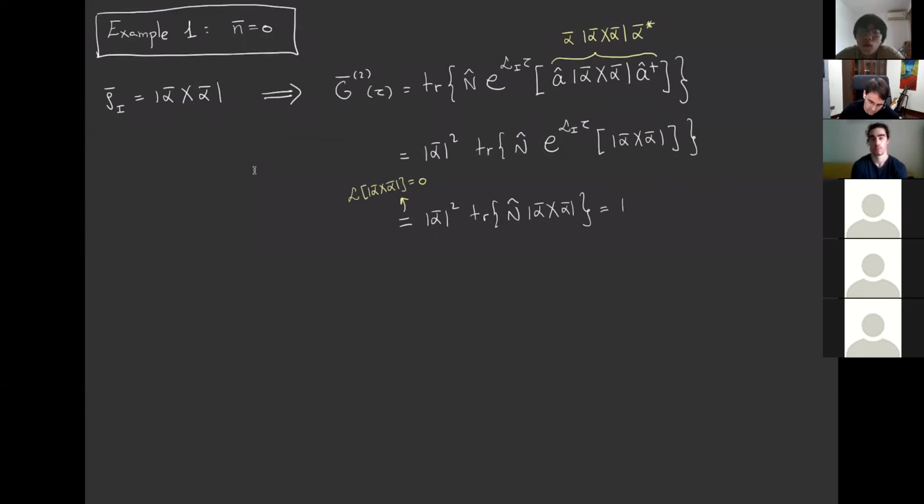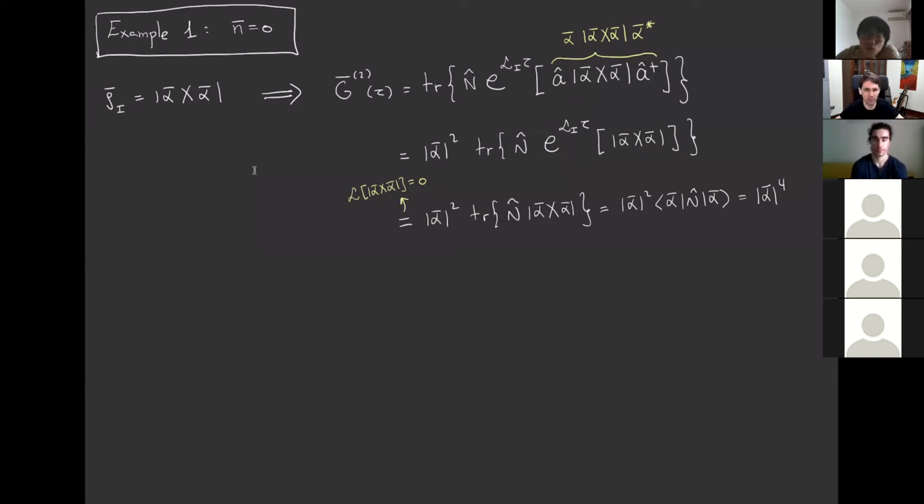Very easy. This is then alpha squared and the expectation value of the number operator in the coherent state, which means that this is equal to alpha to the 4. Okay? So you agree with me?